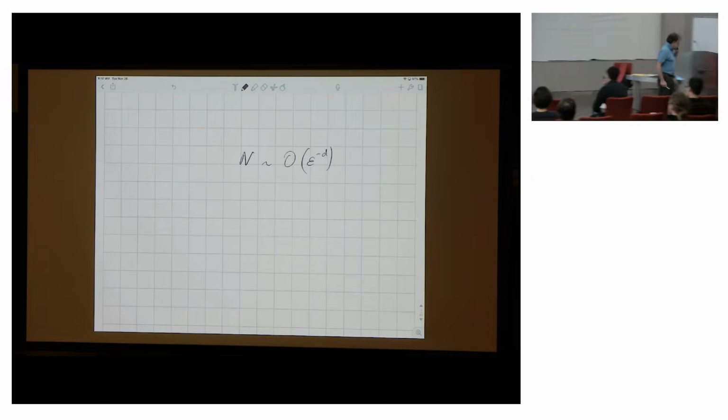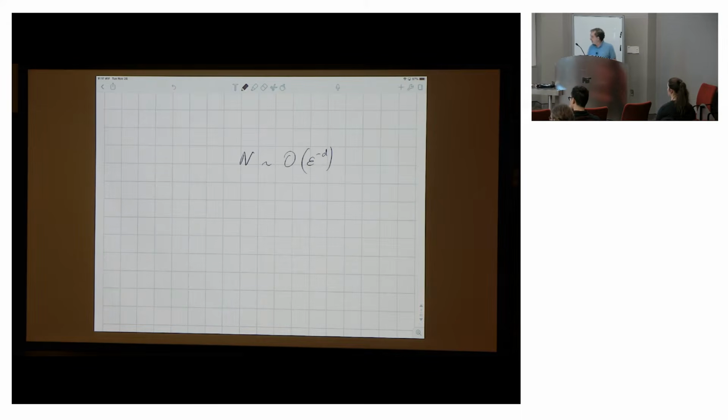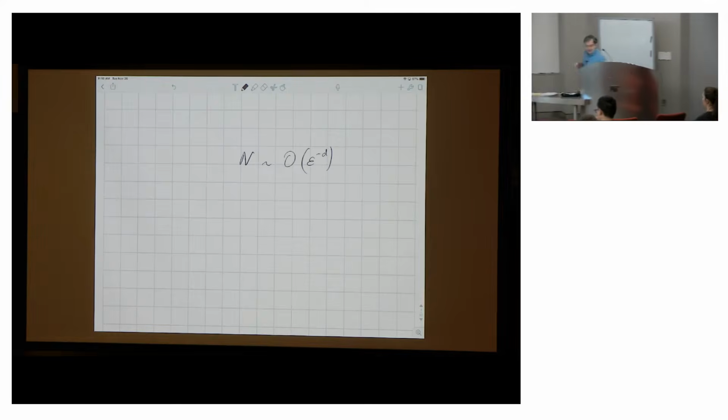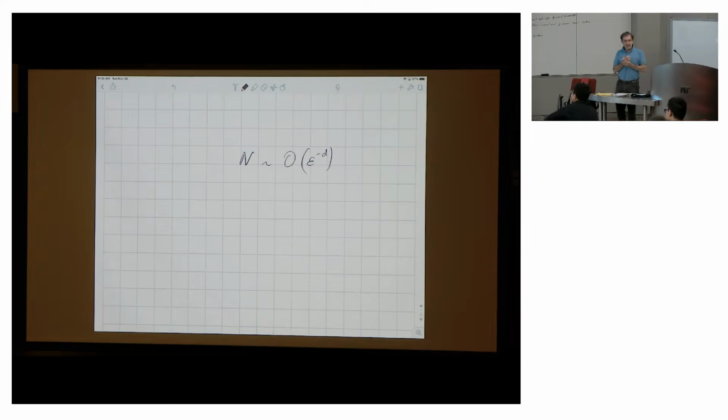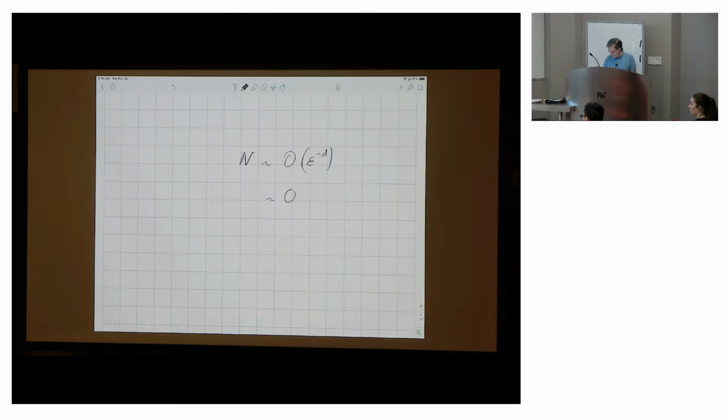So this seems to be the curse of dimensionality for a generic continuous function, if I don't know anything more. We'll see that if I know that the function is smooth, for instance, it has bounded derivatives up to order m, then this becomes epsilon to the minus D over m.